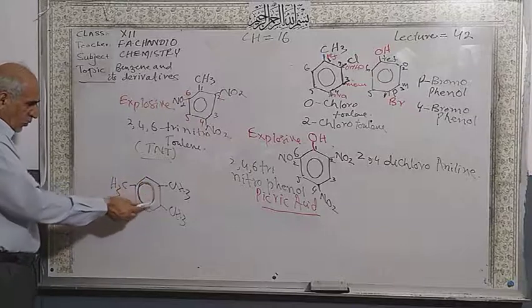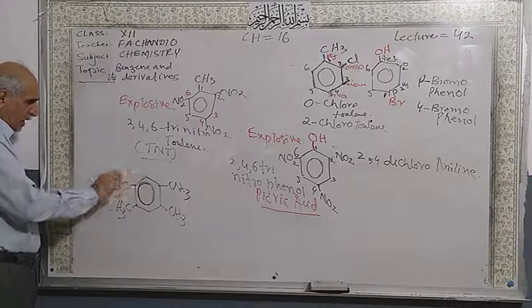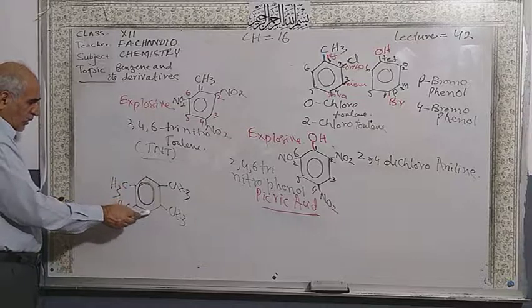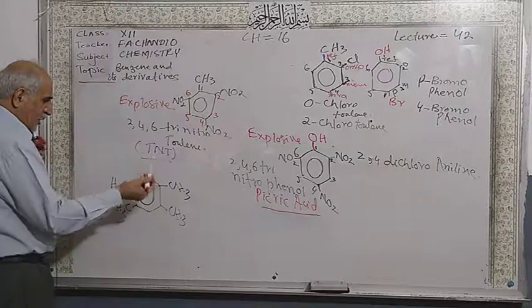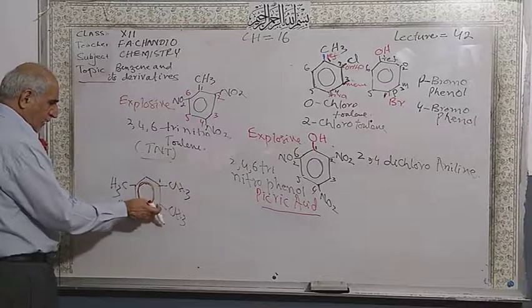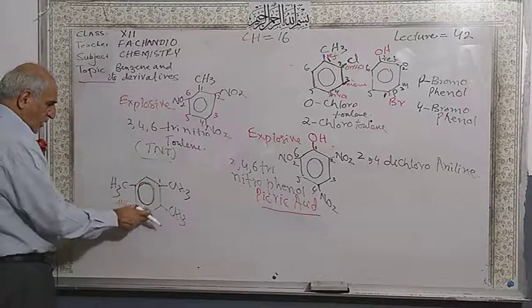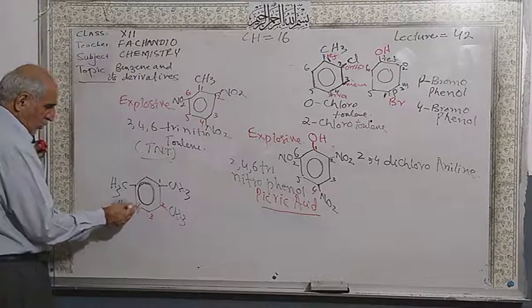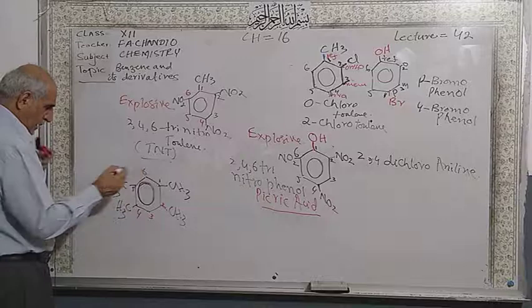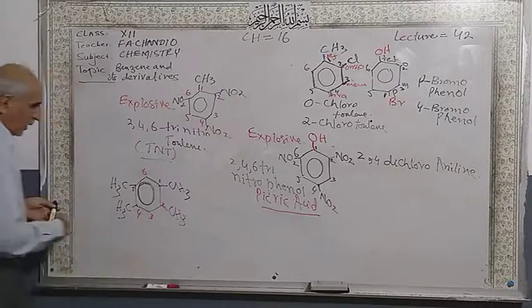Means 1, 2, 4, 6. And this will come here 1, 2, 3, 4, 5, 6, same. So you can start from any point. 1, 2, 3, 4, 5, 6, same.